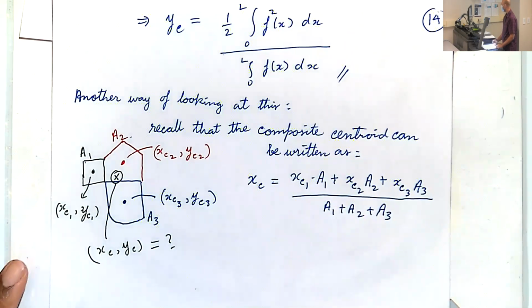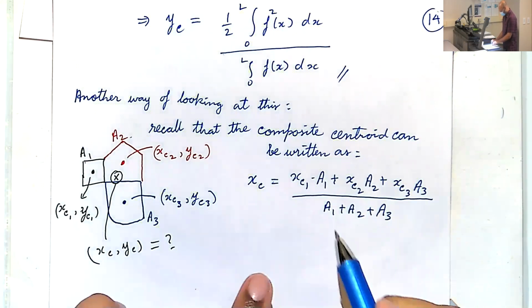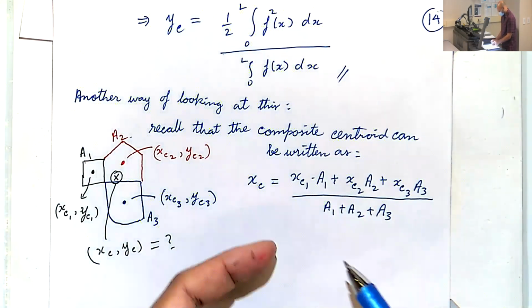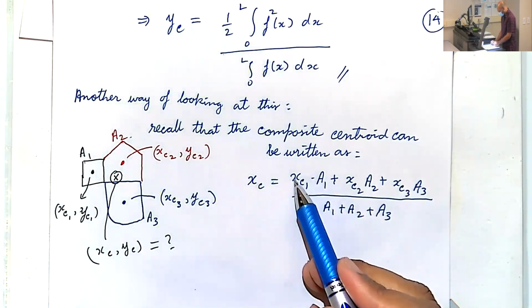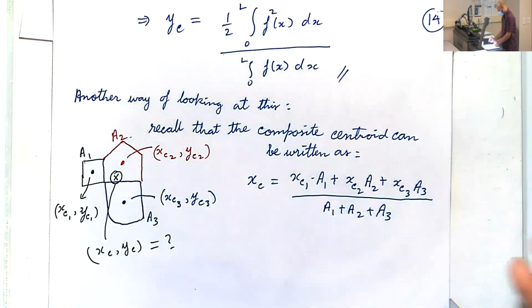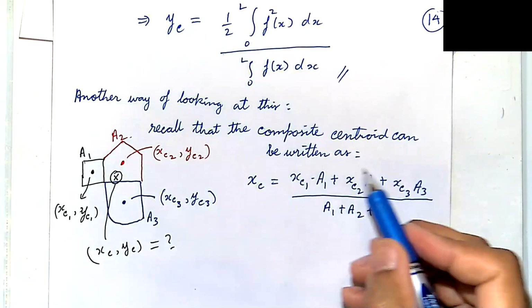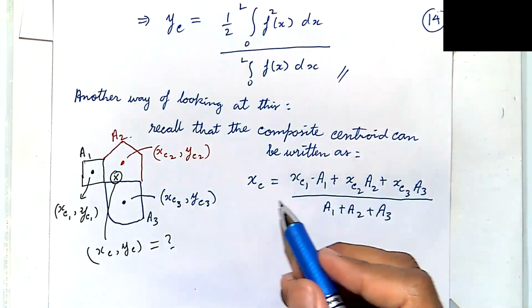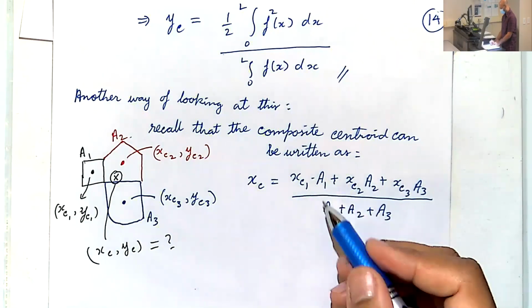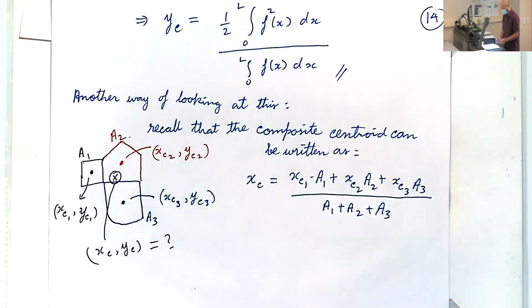Okay. And you see the units are consistent. The top is meter times area, which is meter cubed, and the bottom is all meter squared. So in the end, you end up with meter. So this is correct. If anything else, it would be a problem.